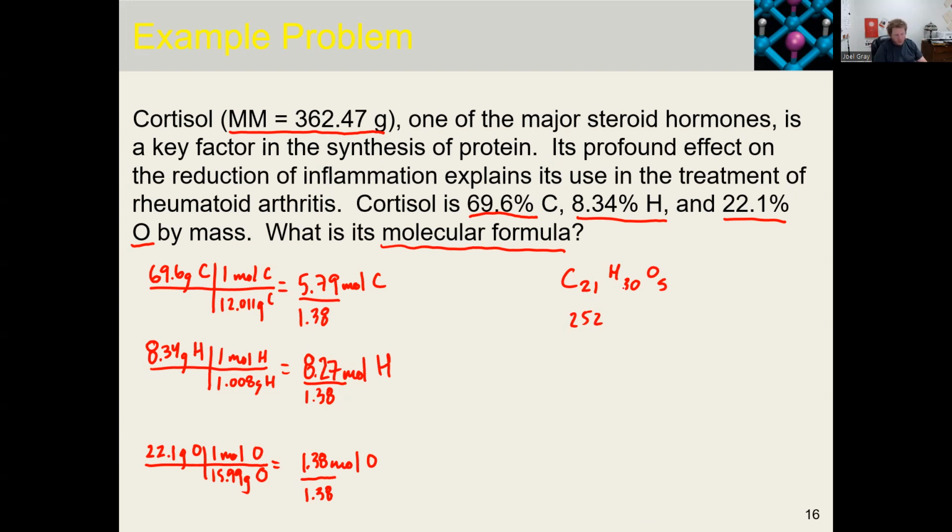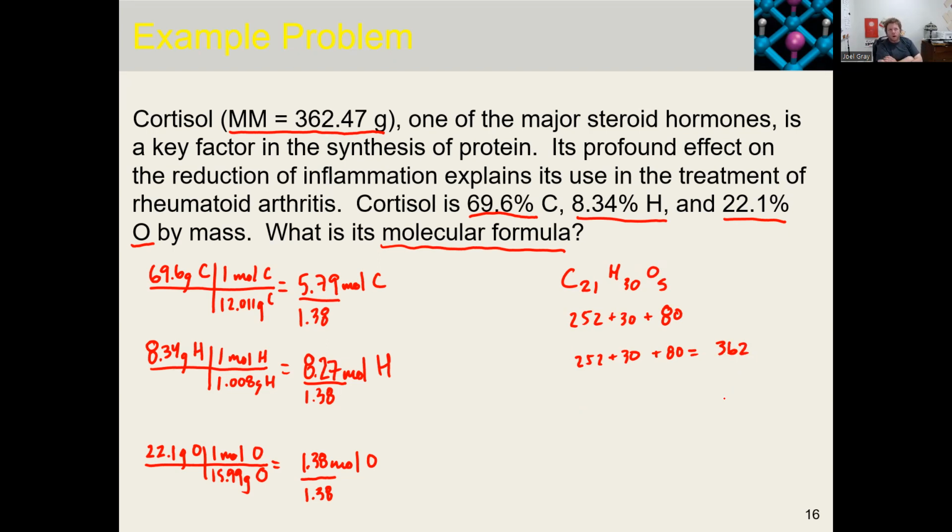Hydrogen, well, that's 1, so that would be plus 30. Oxygen, 5 times 16 would be about 80. Okay. So 252 plus 30 plus 80 equals 362.